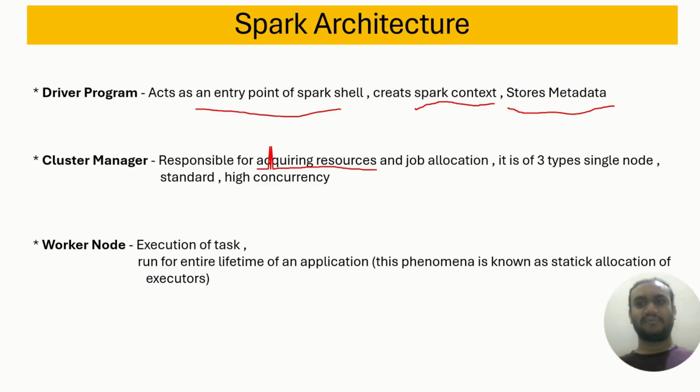It is of three types: single node, standard, and high concurrency. We will discuss this in detail in upcoming videos. Worker nodes basically execute the tasks. They are the chefs who actually cook for you. They run for the entire lifetime of an application. This phenomenon is known as static allocation of executors. All of these terminologies we will discuss more in the next videos.